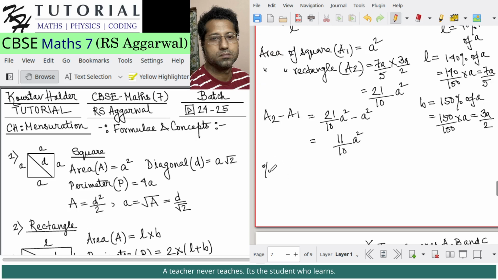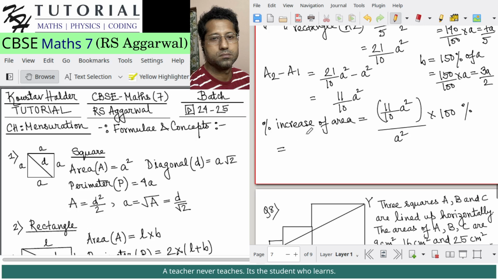So the percentage increase of area will be 11 by 10 A square, divided by the area of the square, which is A square, multiplied by 100.